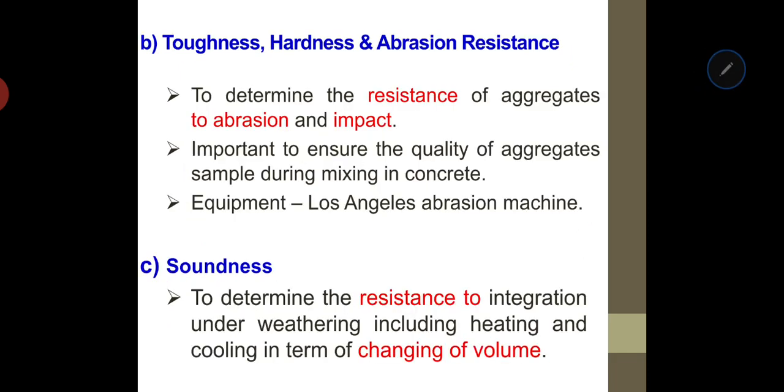For toughness, hardness, and abrasion resistance, we need to look into the resistance towards abrasion and impact. So the equipment used for this testing is the Los Angeles abrasion machine. For soundness, it is to look into the resistance to disintegration under weathering, including heating and cooling in terms of changing of volume.